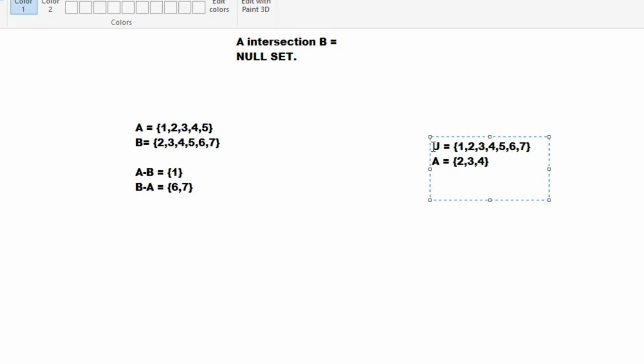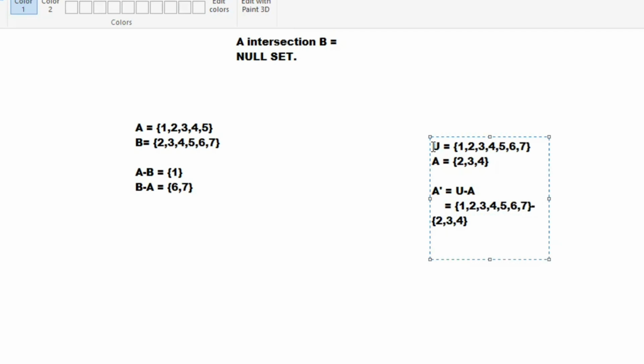So the complement of A will be equal to U minus A, and we will write it like this: 1, 2, 3, 4, 5, 6, 7 minus 2, 3, and 4.